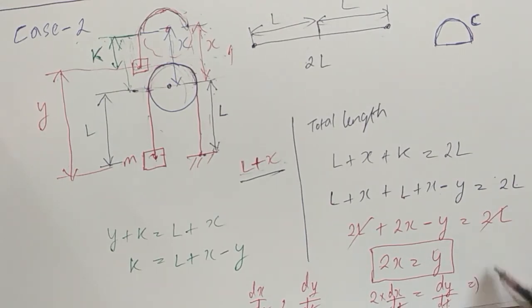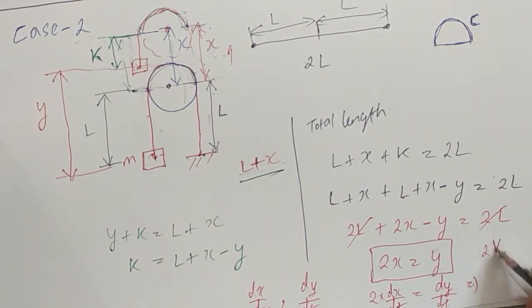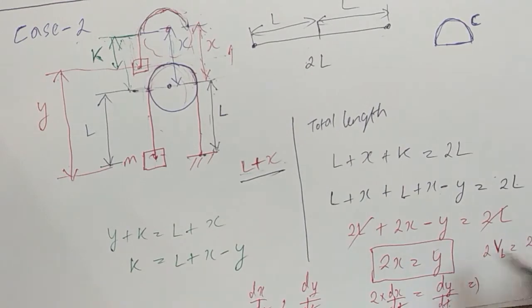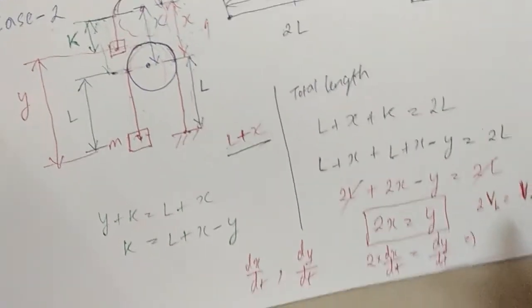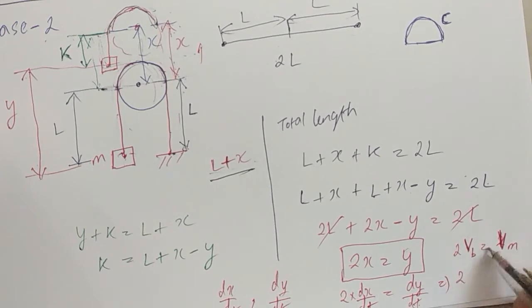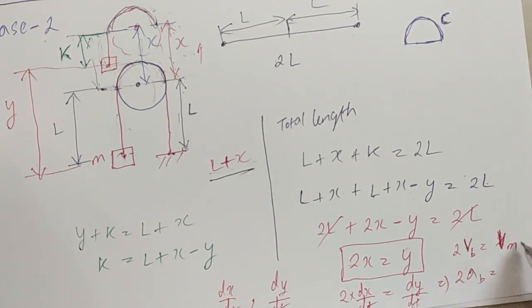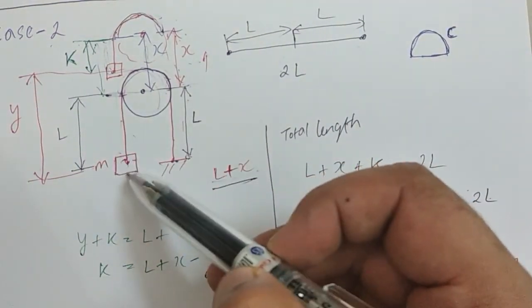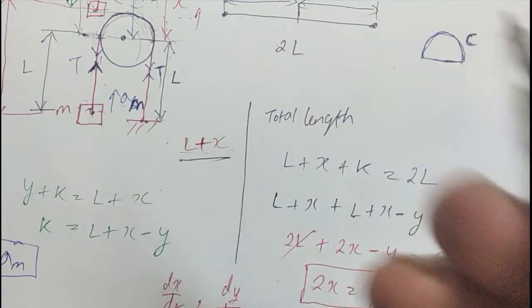So this implies that 2 times the velocity of this wheel is equal to the velocity of the mass or the block. And also if you differentiate the velocity with respect to time, then you will get the acceleration, such that twice the acceleration of this wheel is coming out to be equal to the acceleration of the block.